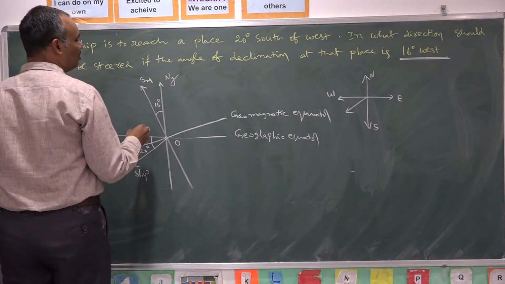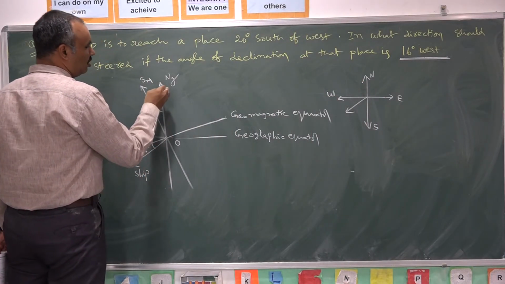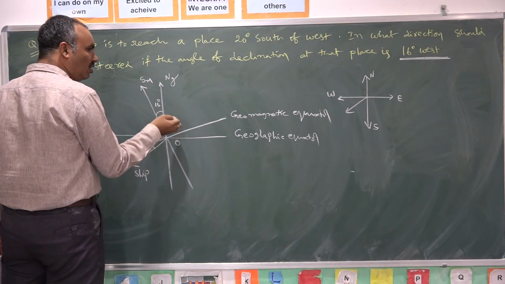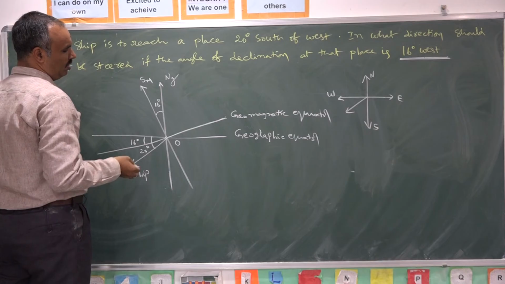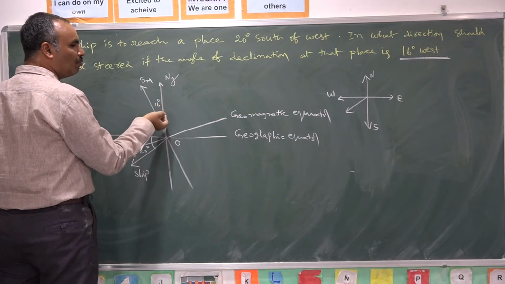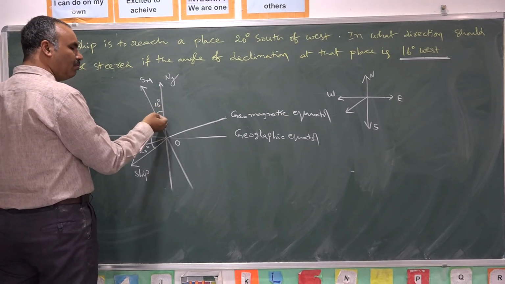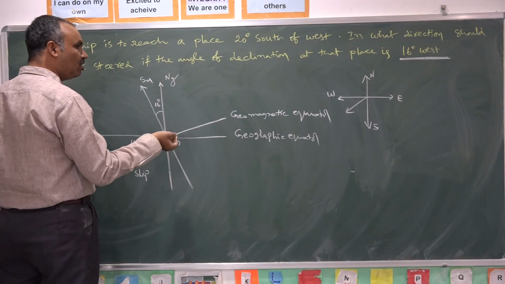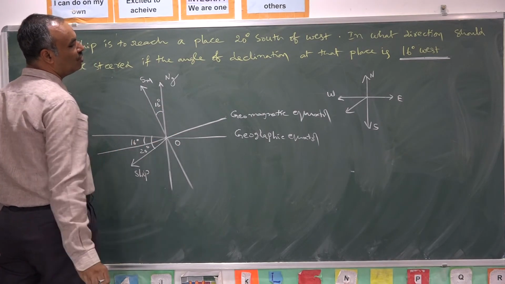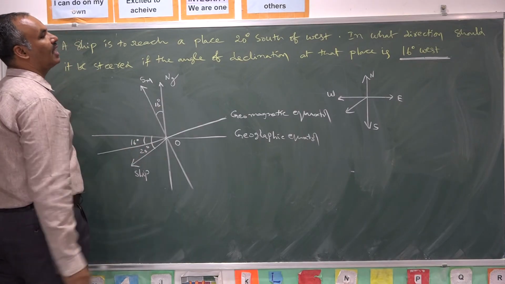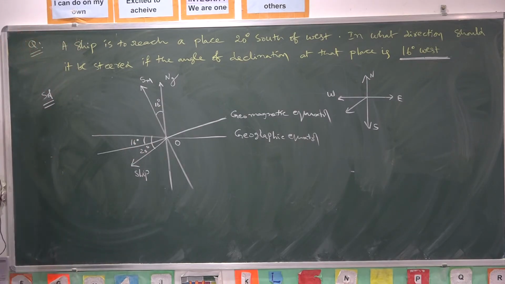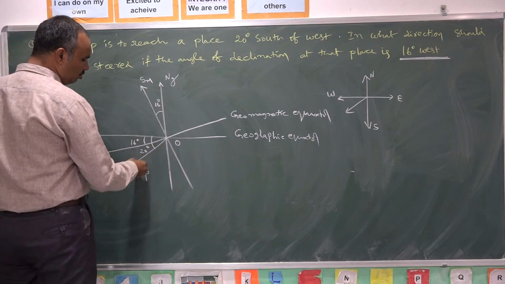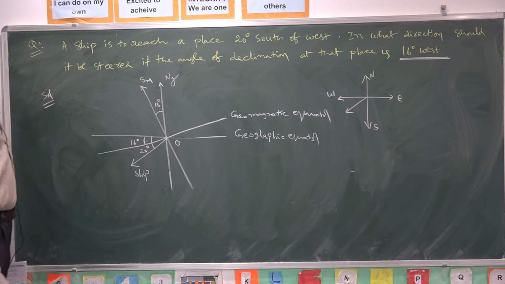Angle of declination means the angle between the geographic meridian and the geomagnetic meridian, nothing but the angle between the geographic axis and geomagnetic axis, or the angle between the geomagnetic equator and geographic equator, whatever it is, that is the angle of declination. So the angle of declination is like this, the angle through which it needs to move is like this. Okay.